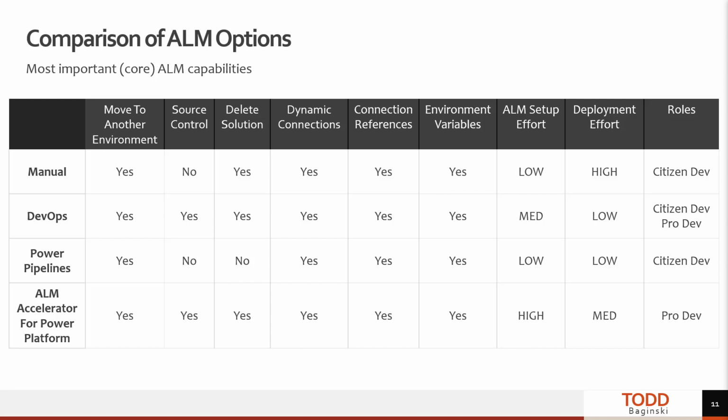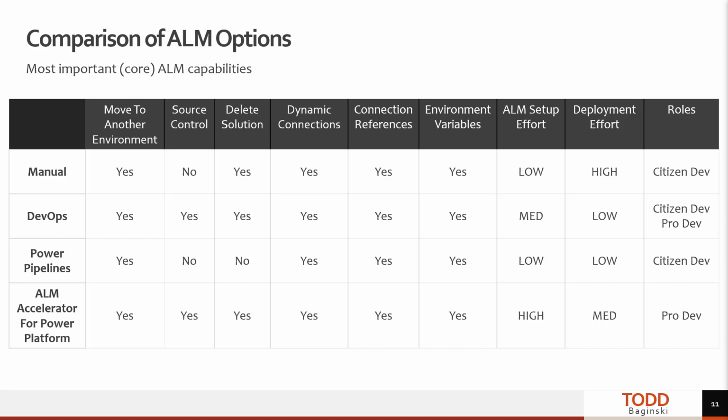And so dynamic connections means the ALM supports the ability to use the connection properly in dev, but when I deploy it to prod, it will use the appropriate connection to connect to the prod data source. The connection references are the same exact way when used inside of a flow, and the environment variables, no matter where you use them, they work and should change and be appropriate values for the environment that they live in.